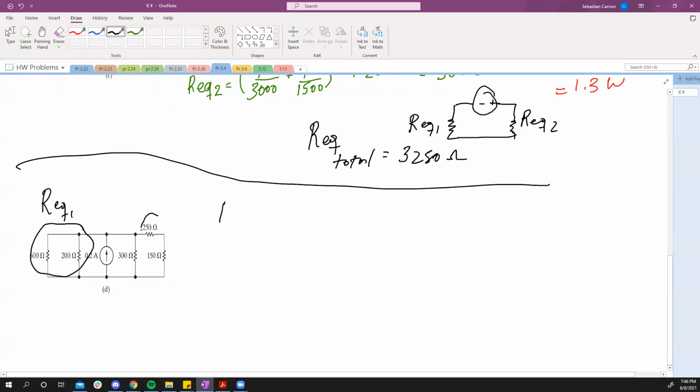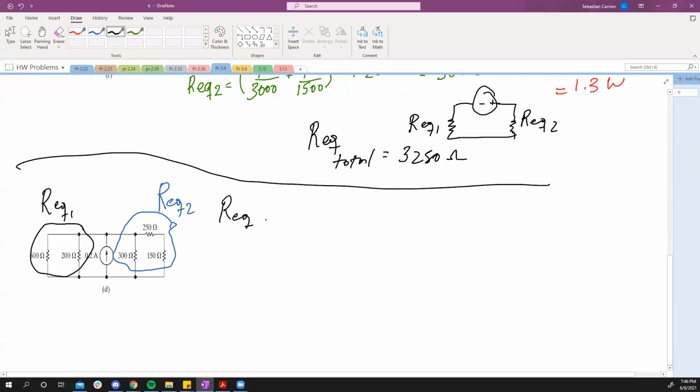And then these two are in parallel, plus this resistor that would be in series. So I'm gonna change color for this one, and I'm just gonna call this R equivalent 2.